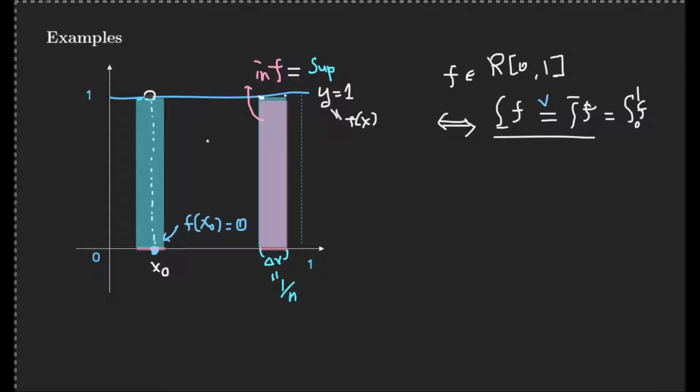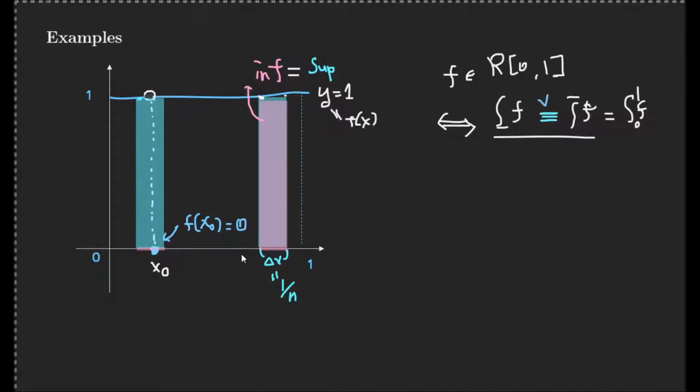But if we calculate the total sum, this rectangle between the red infimum and blue supremum does not impact the value. So we check this is the same value, and the integral is well defined, even though one point is discontinuous.